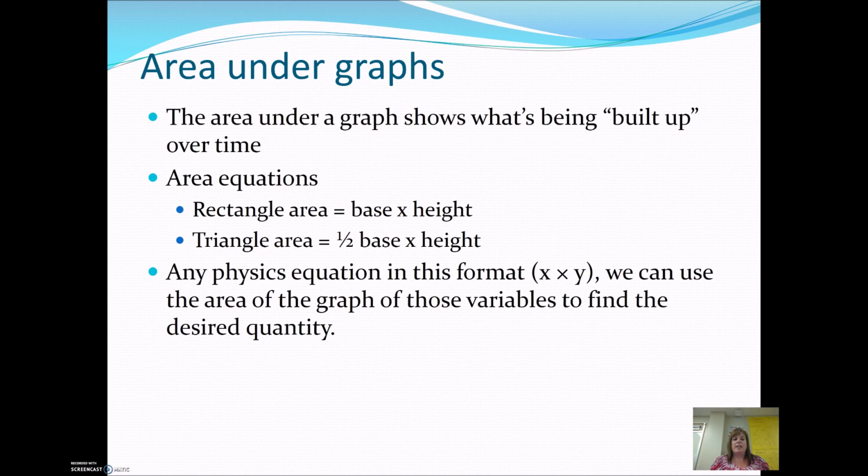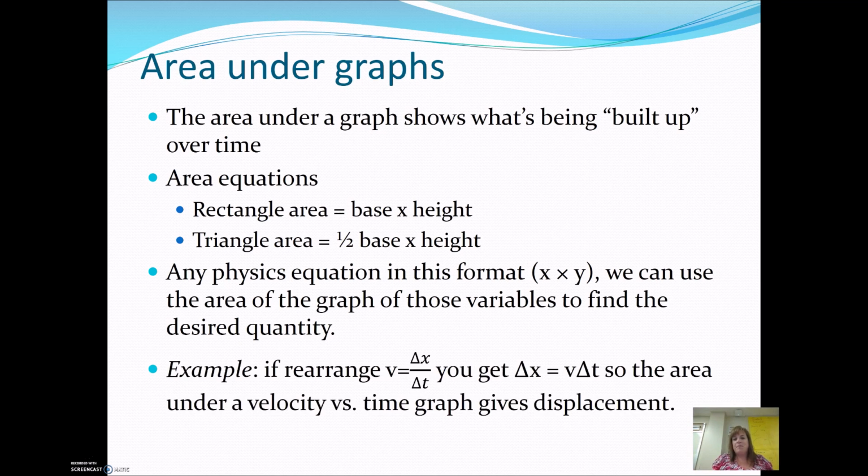One of the cool things is that for any physics equation that is something times something, x times y, we can use the area of a graph of those variables to find the desired quantity, because x is my base and y is my height. Base times height is area. For example, if we arrange the average velocity equation, velocity is position over time, or the change in x over change in t.